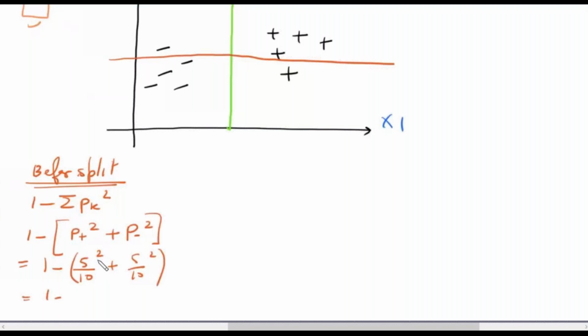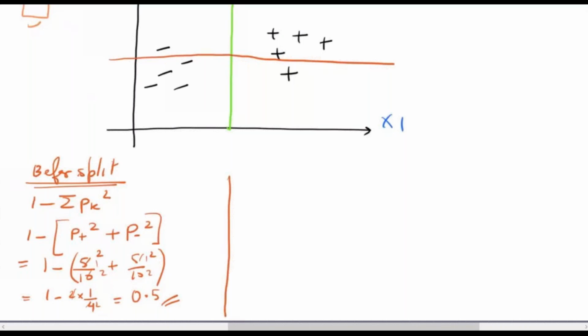So this gives me 5 by 10 into 2, so 2 into 1 by 4. So this will cancel out and it will give me 1 by 2. So 1 by 4 plus 1 by 4 will give me 1 by 2. So I get 0.5 as the answer. So this is my Gini index before split.